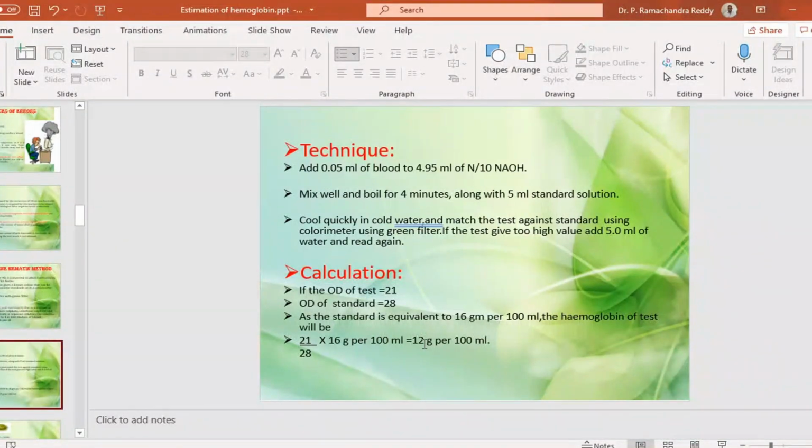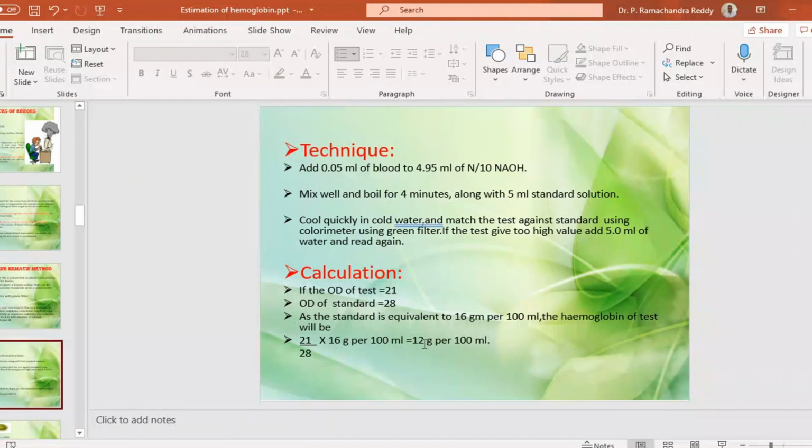It should be mixed well and boiled for 4 minutes. Once we add the 50 microliters of blood to the 4.95 ml, the total volume is 5 ml, and you boil this mixed solution for 4 minutes.